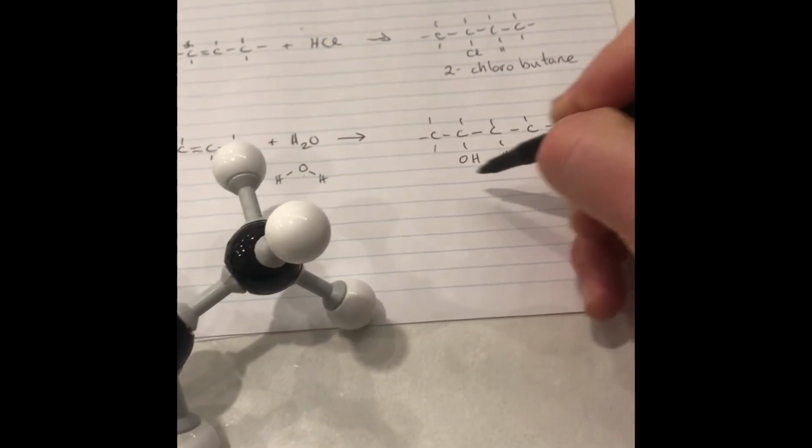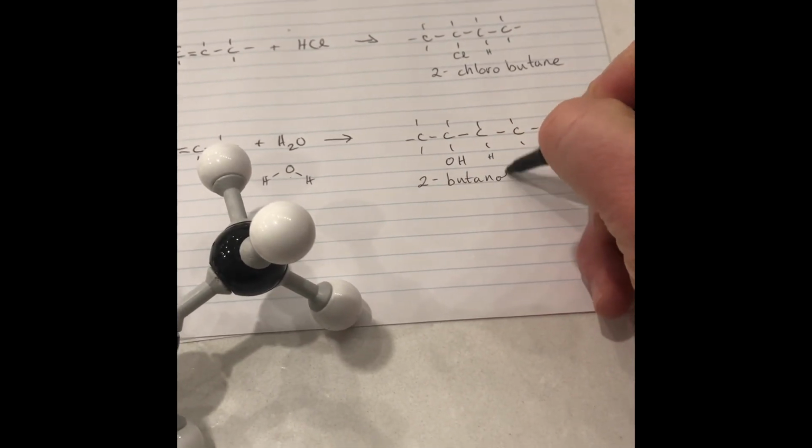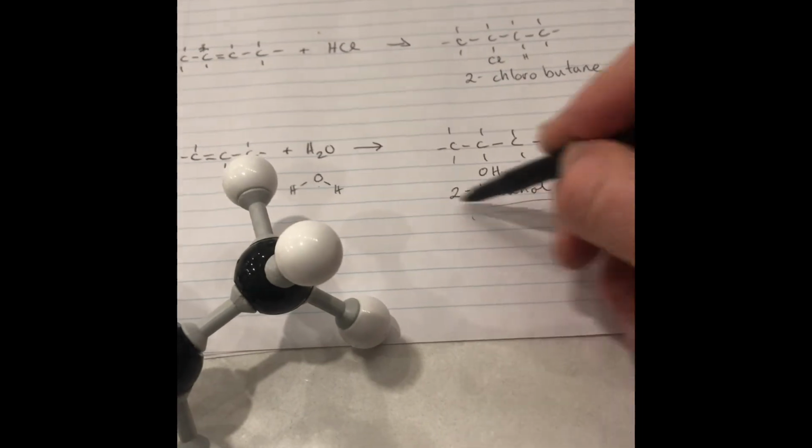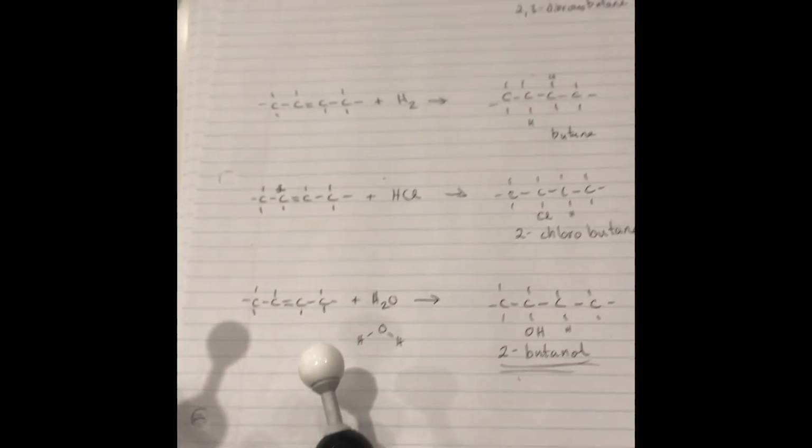This is an alcohol, specifically 2-butanol. So you'll learn more about that naming in the next set of slides. So this again was just ultimately to supplement our addition reaction using the model kit, hopefully to better see how the double bond opens up new bonding sites through addition reactions.